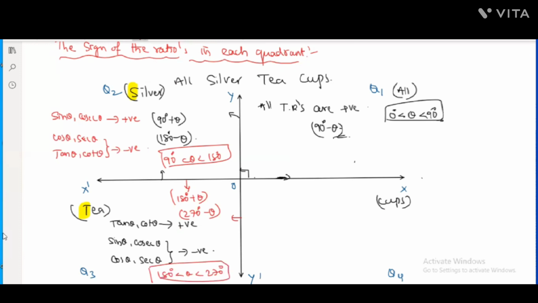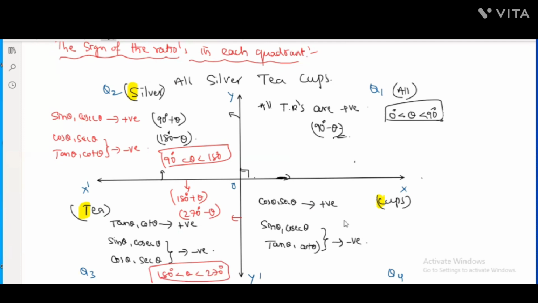This is one. Comes the fourth quadrant, C. C means cos. Cos and its reciprocal, secant theta, these are positive, and the remaining, sin theta, cosecant theta, tan theta, and cot theta, are negative in this fourth quadrant.